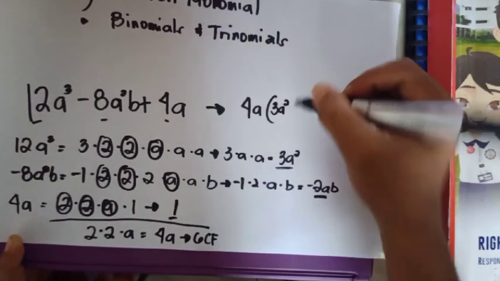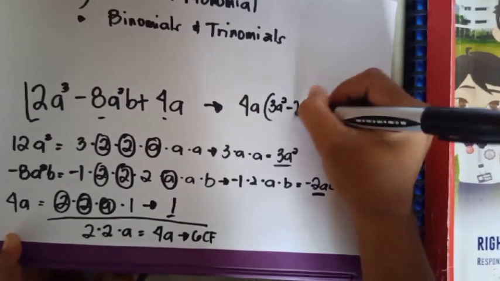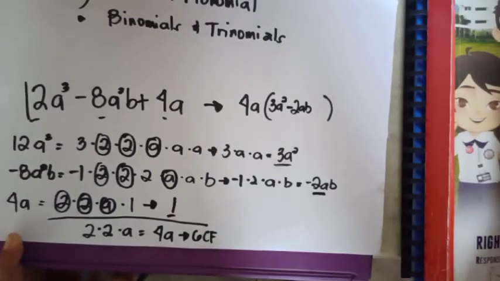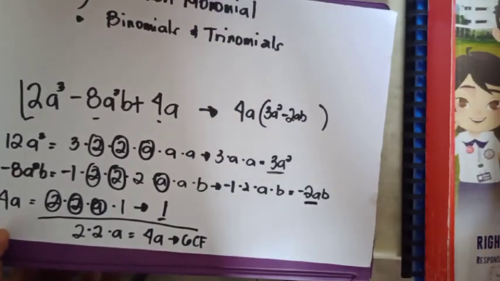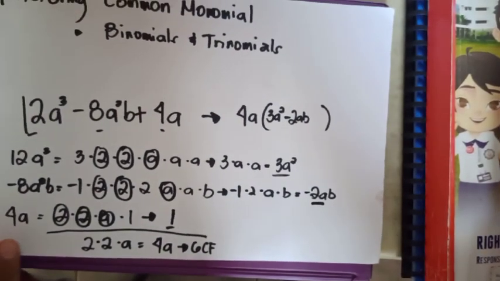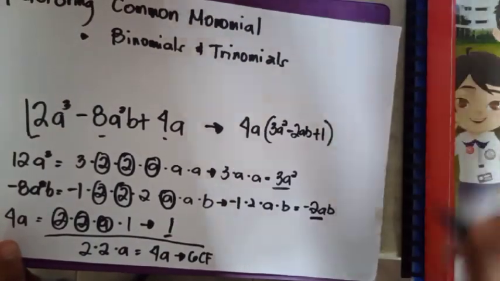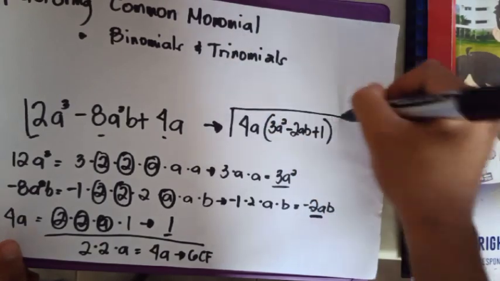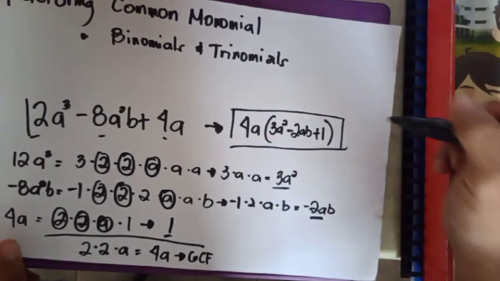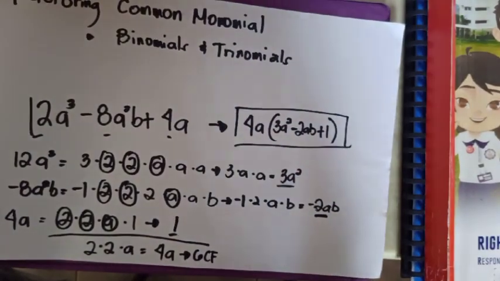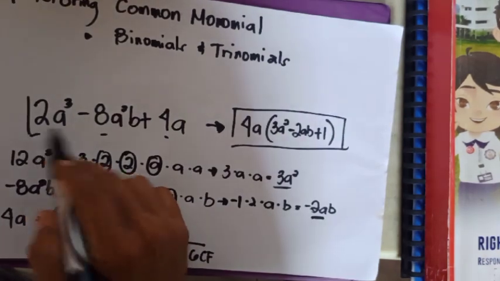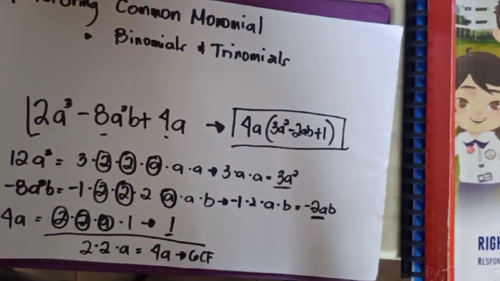The second term is negative, so minus 2ab. And we have plus 1. This would be the factored out form of this trinomial.